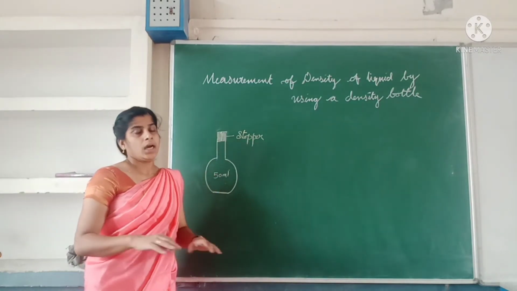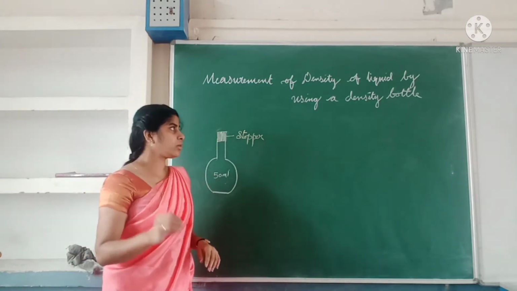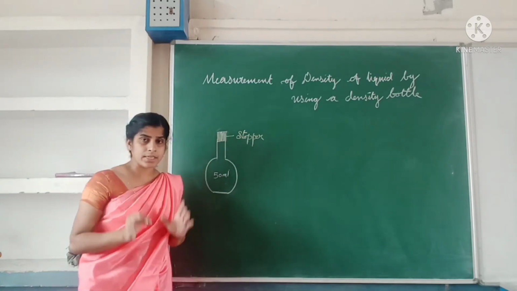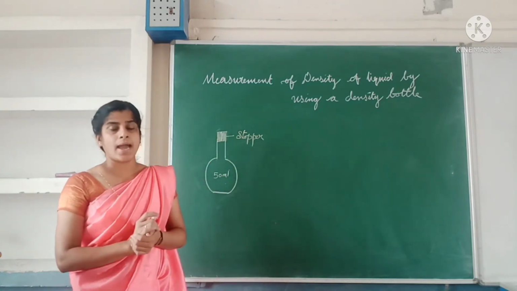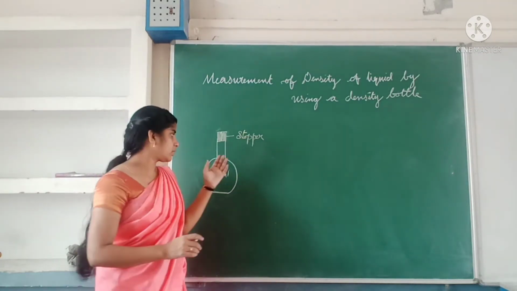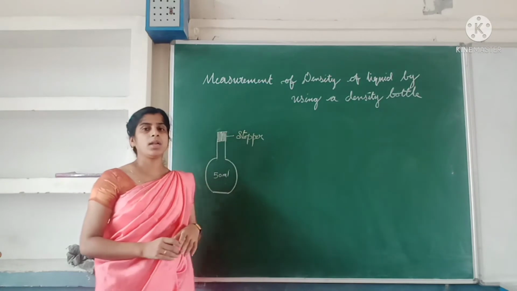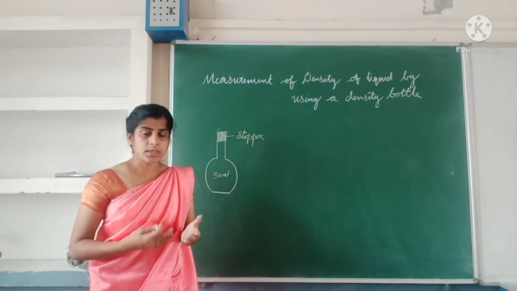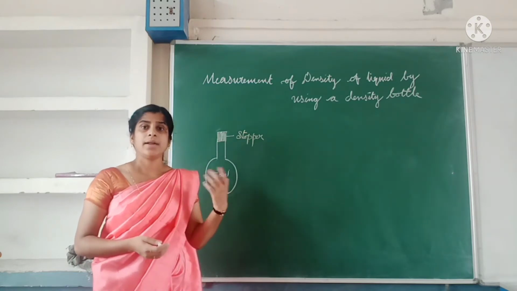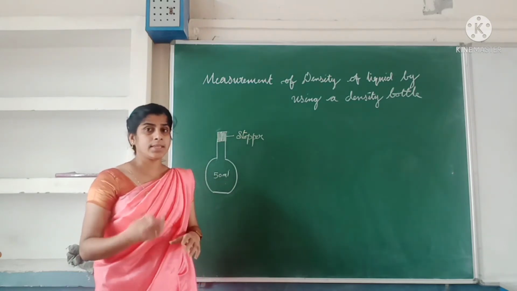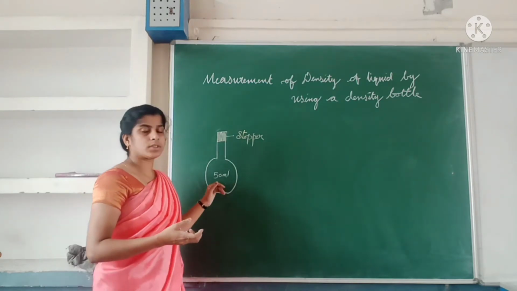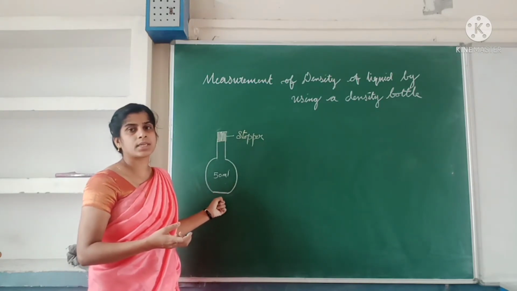So how to measure the density of a liquid? Take a 50 ml density bottle, wash it with distilled water and dry it. Then measure the weight of this density bottle with the help of a physical balance.